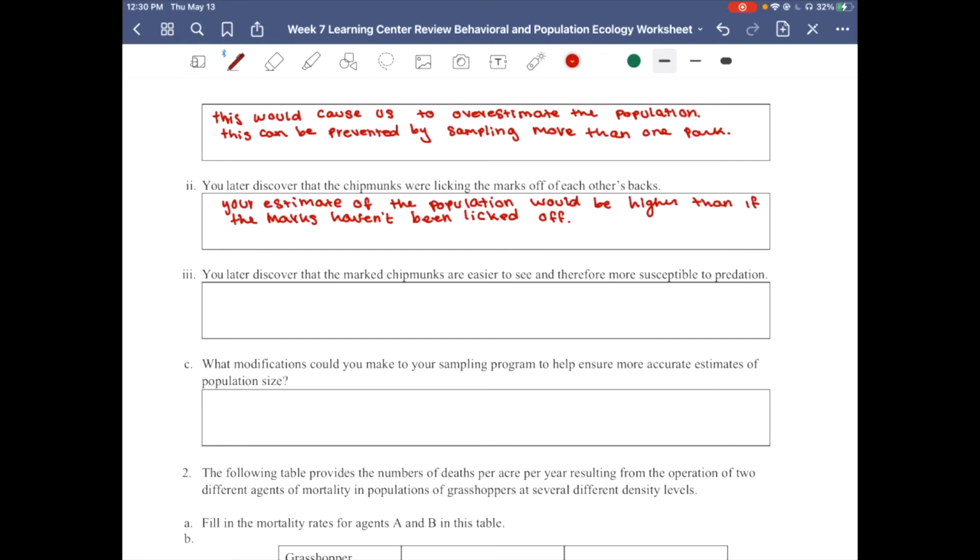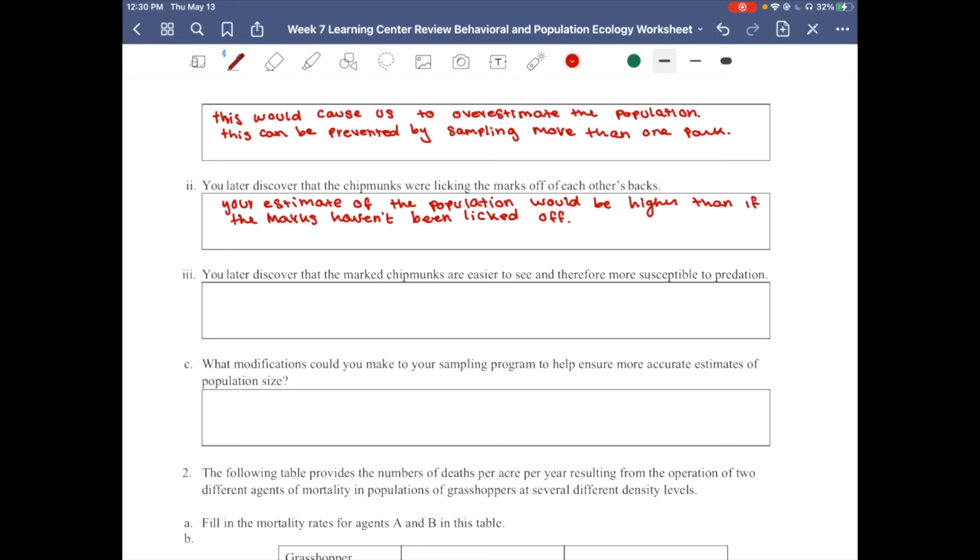Okay, and then another one of these scenarios is that we discover the marked chipmunks are easier to see and therefore more susceptible to predation. This is saying that marked chipmunks are more likely to die off and not return in our sample. So we will capture fewer marked chipmunks than we should have, just because they're not in the population anymore, they're dead.